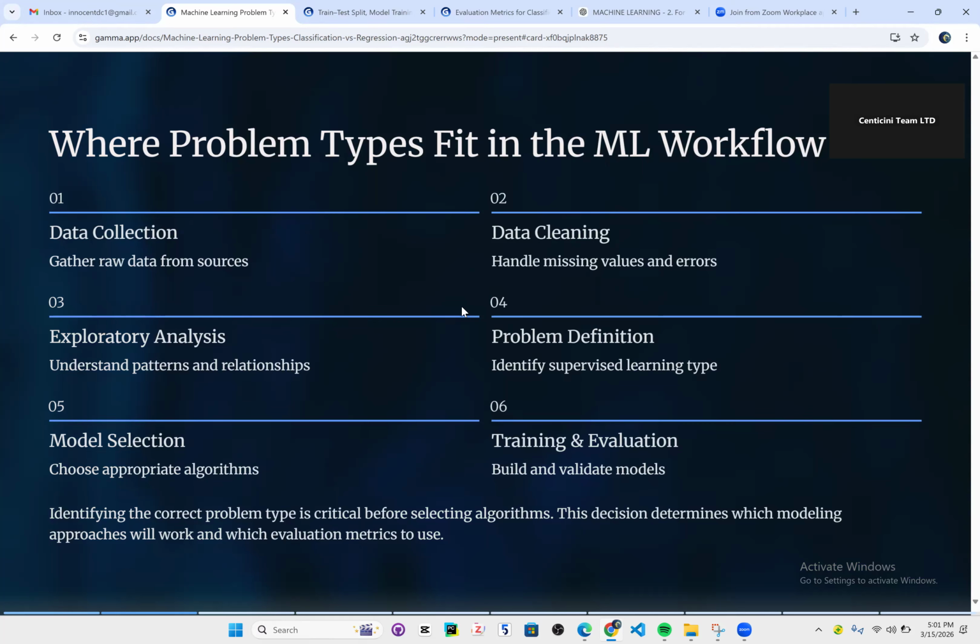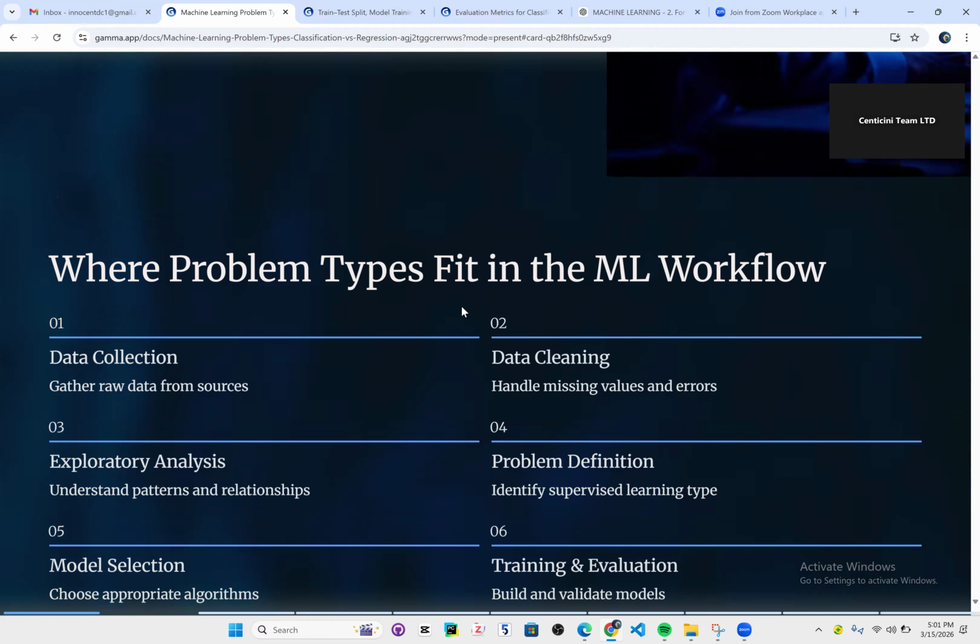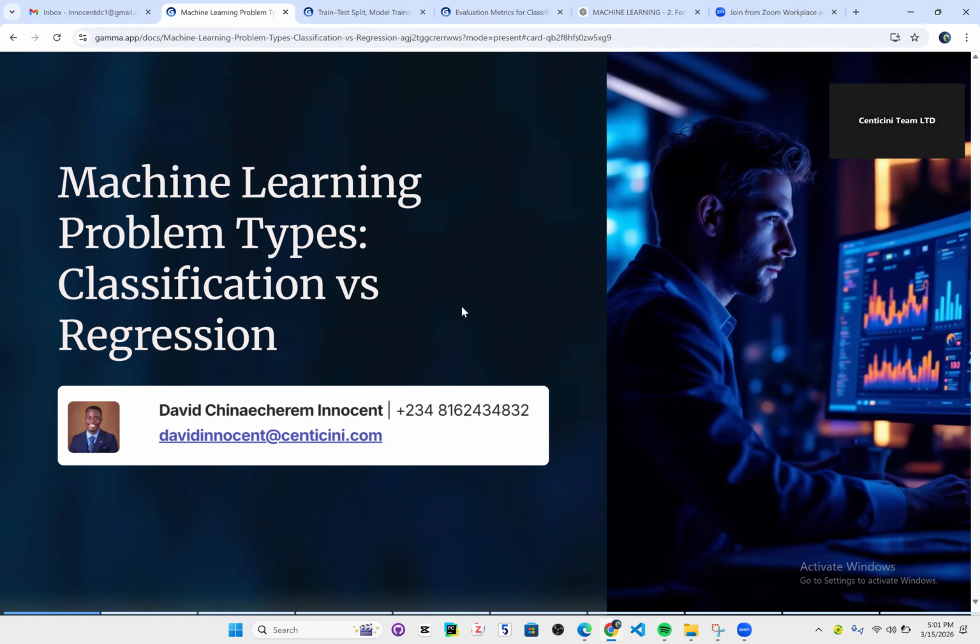Before we get started, we might want to know where the problem types fit in the machine learning workflow. Whenever we talk about machine learning, what we are looking at now is trying to understand machine learning problem types, classification versus regression, right?